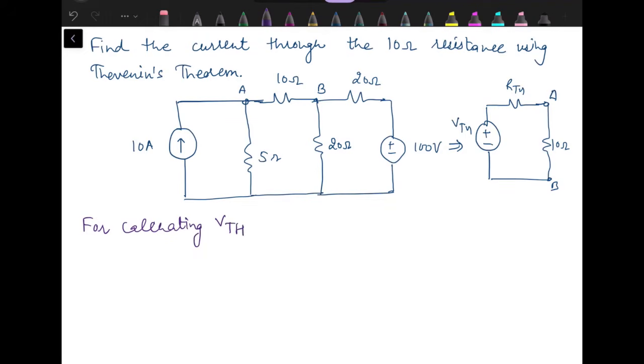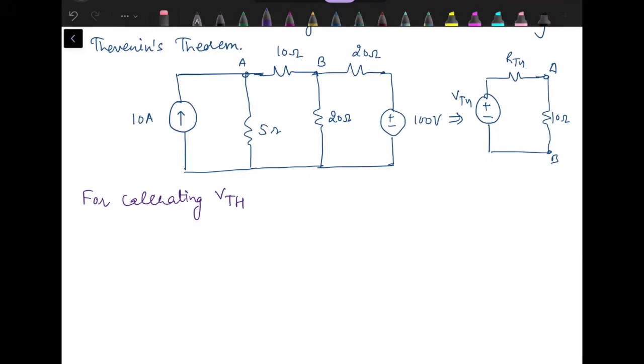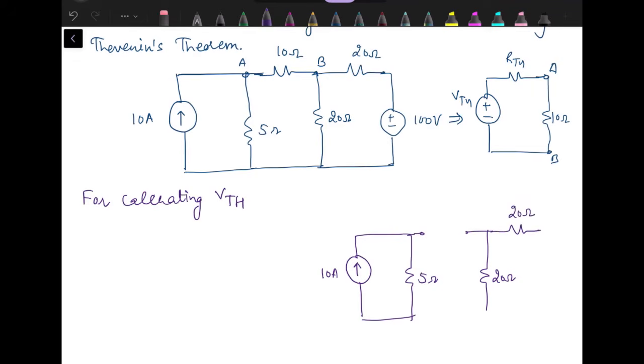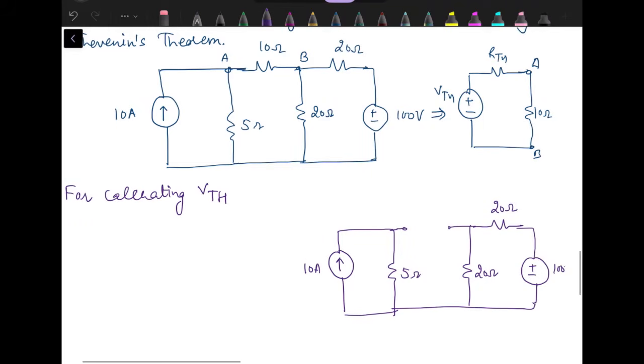For calculating VTH, let's draw the circuit again. Now this load resistance has to be removed from the circuit. Let's say this is the assumed polarity.